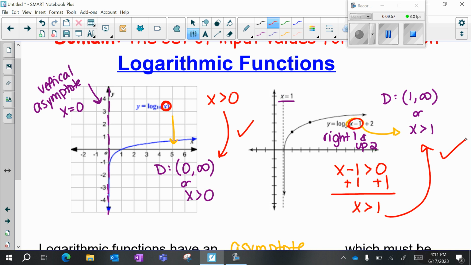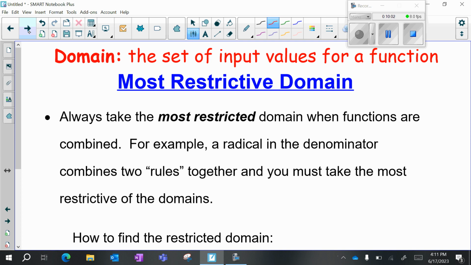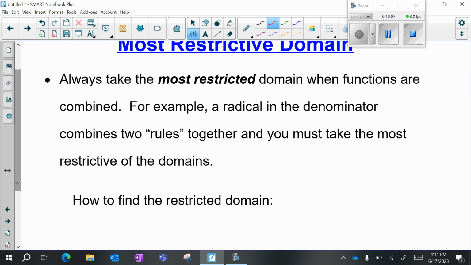There's my domain. And the last note to take into consideration is that you always have to go with your most restrictive domain. There are a couple of different situations that occur, but one example is a radical in the denominator. This combines two rules that I just went over. Radicals have their own rule and denominators have their own rule. So you must consider both and take the most restrictive domain. What do I mean by that? If I have 1 over radical x, in the denominator here, this cannot be equal to 0.